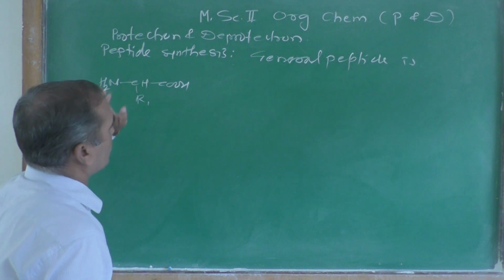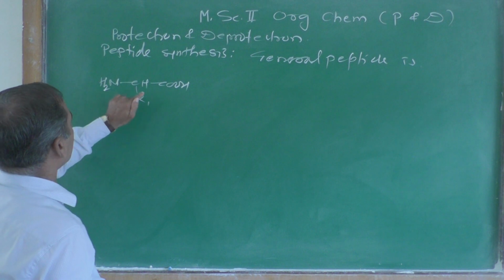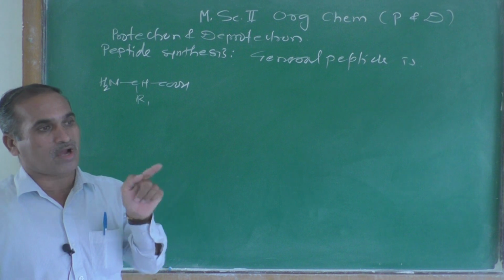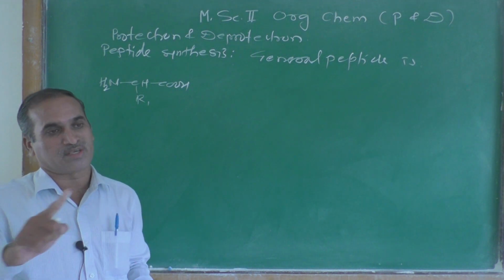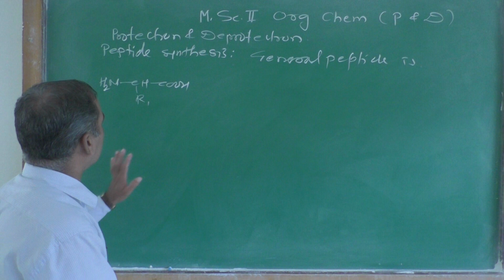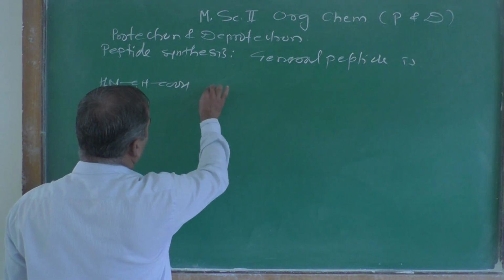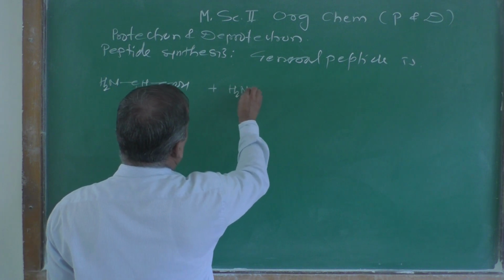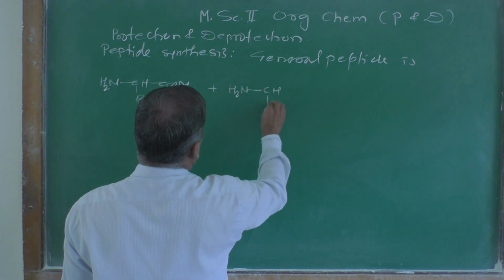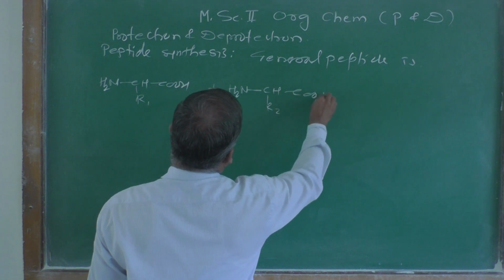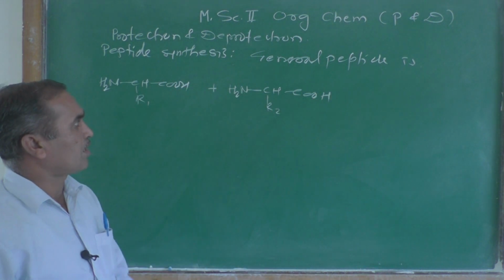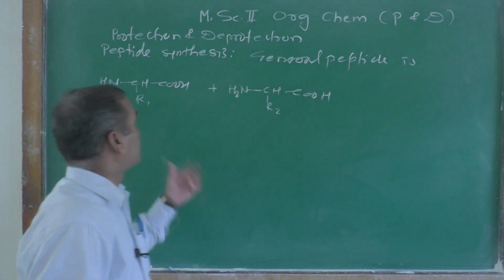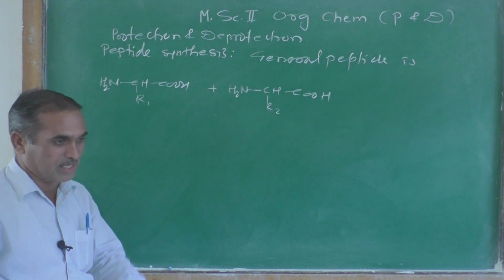By changing the nature of R, we get different types of amino acids. Now this will be treated with another amino acid, H2N, CH, R2, COOH. Then what are we going to get here? We are talking about the general peptide, the peptide synthesis.